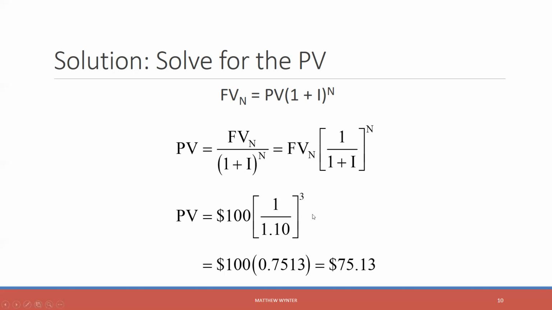The reason why I'm emphasizing it this way is because sometimes, if we're not used to working in present value and future value, we can just want to plug it as we see it and get wrong answers. So what's the present value of $100 paid at the end of 3 years with a discount rate of 10%? Today, it is worth $75.13. You solved for it.